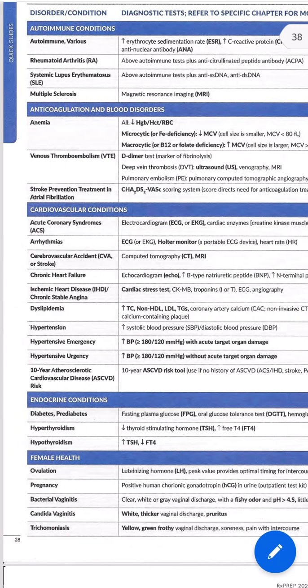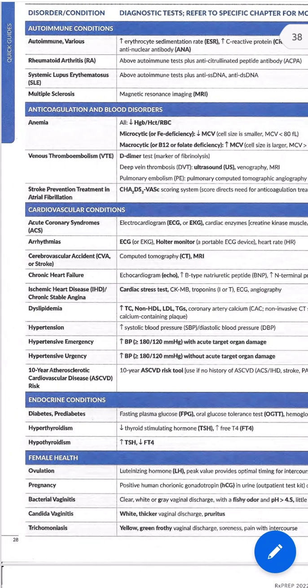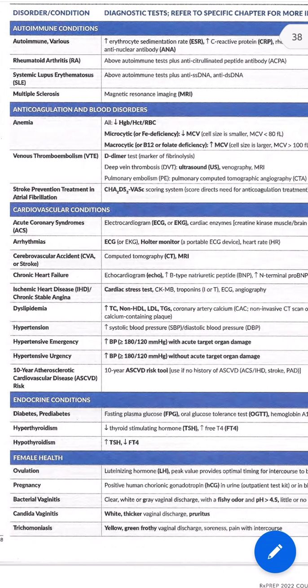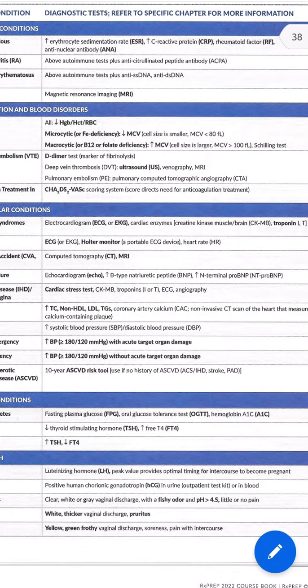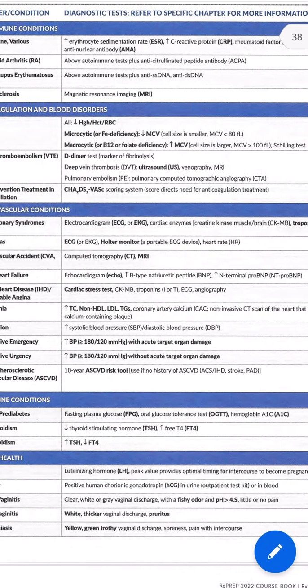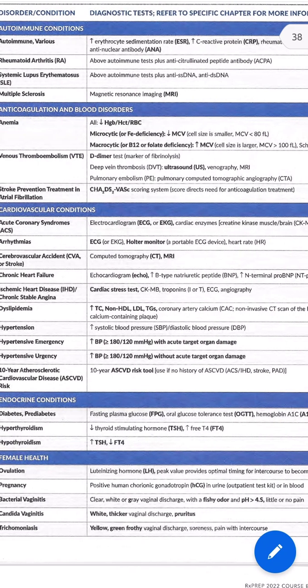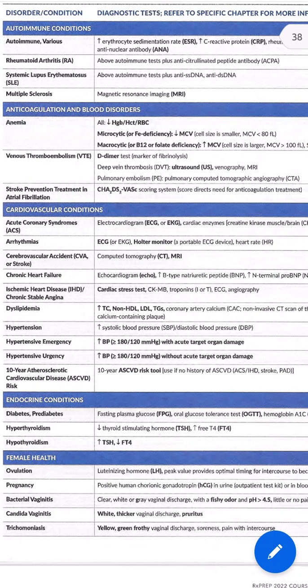So again, for autoimmune or rheumatoid arthritis, you look at ESR, CRP, RF, especially rheumatoid factor, and anti-nuclear antibodies. It's more likely for lupus.